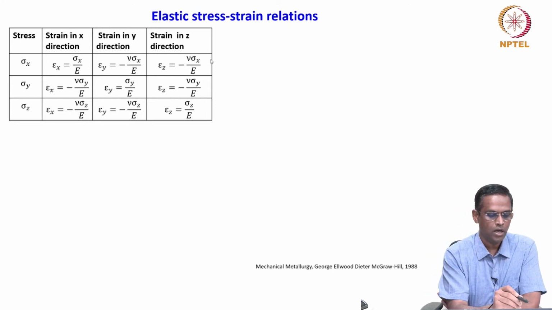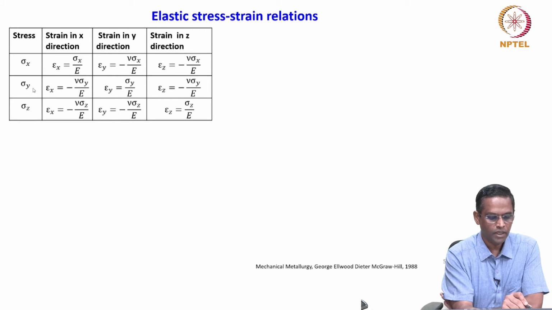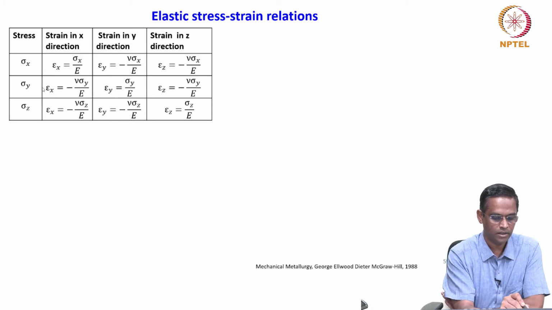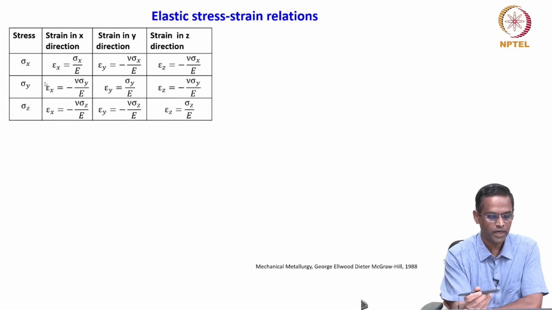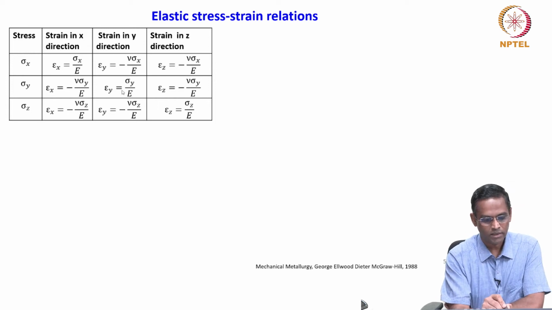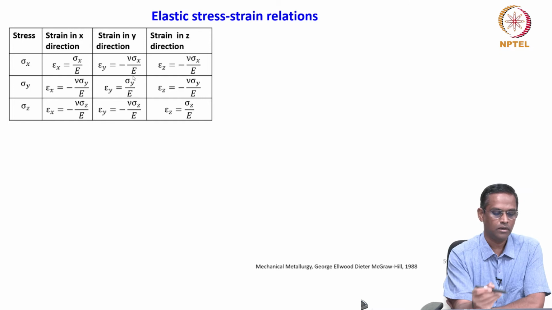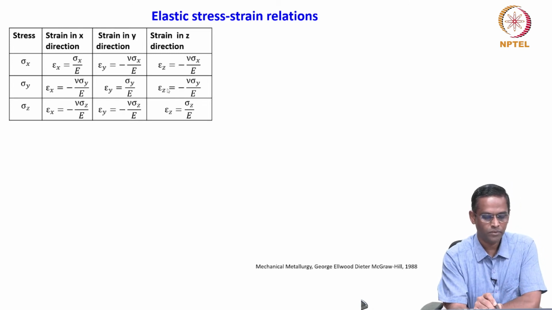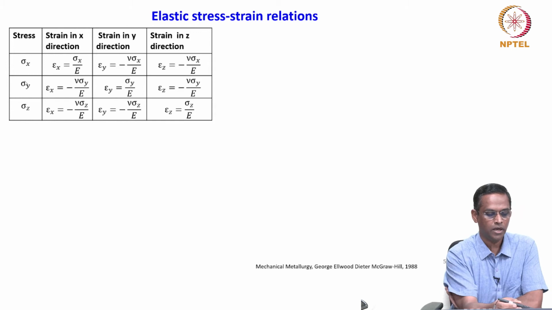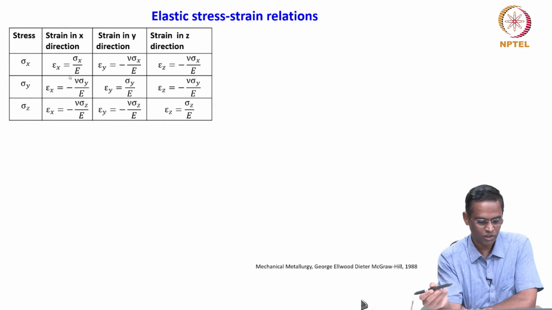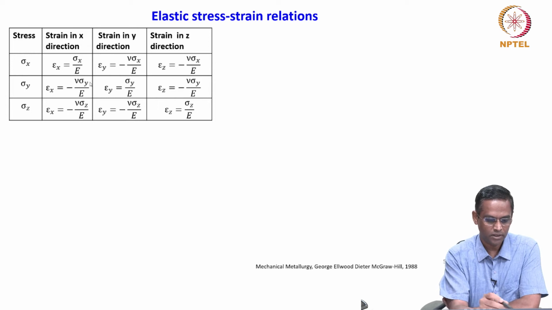Similarly, you look at the strain. The stress is a normal stress, that is sigma y, a normal stress in y direction. The strain in y direction is simply given by sigma y by E, but for the effect of this on x direction, that is, if you want to see what kind of epsilon x or epsilon z it will produce just by the normal stress acting in y direction, then we get this kind of relation.